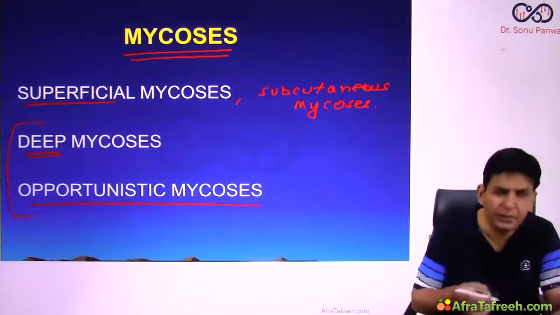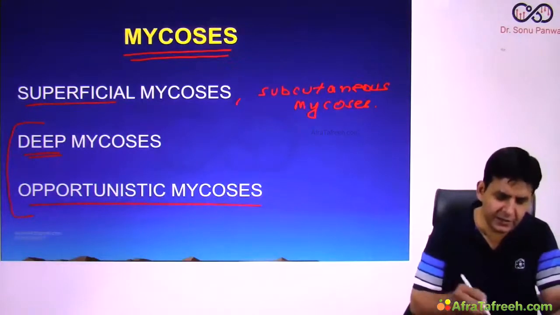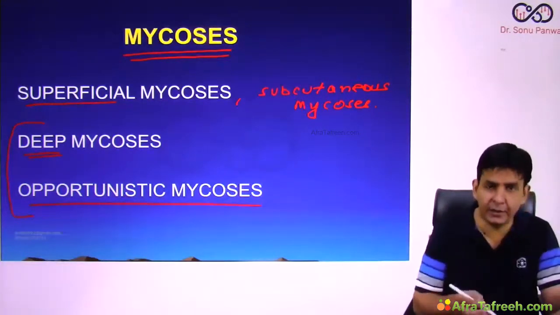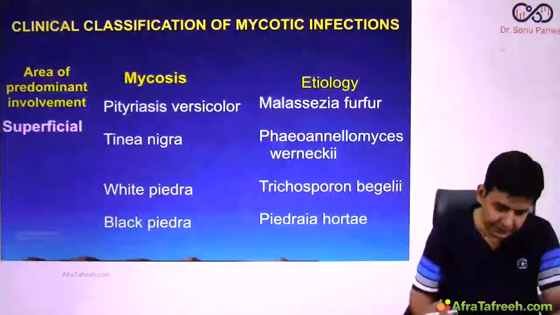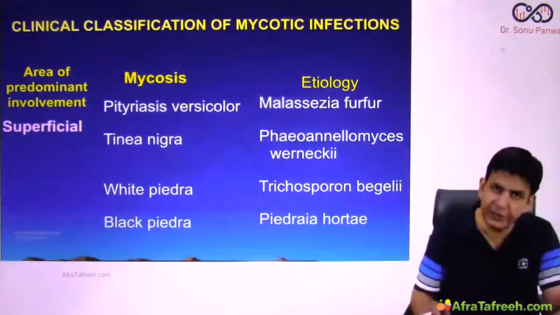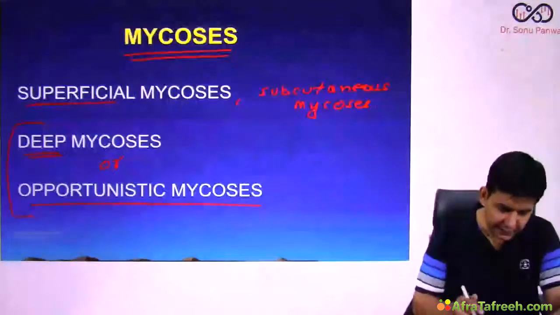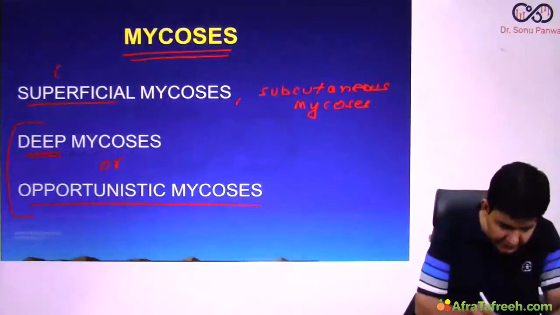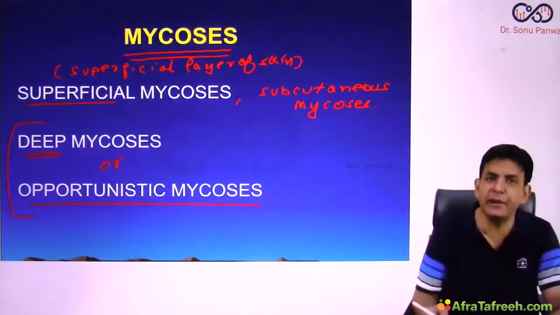In fact, they are more or less the same. Now in the superficial one, as the name suggests, what will be involved? The superficial layer of the skin is involved in superficial mycosis.